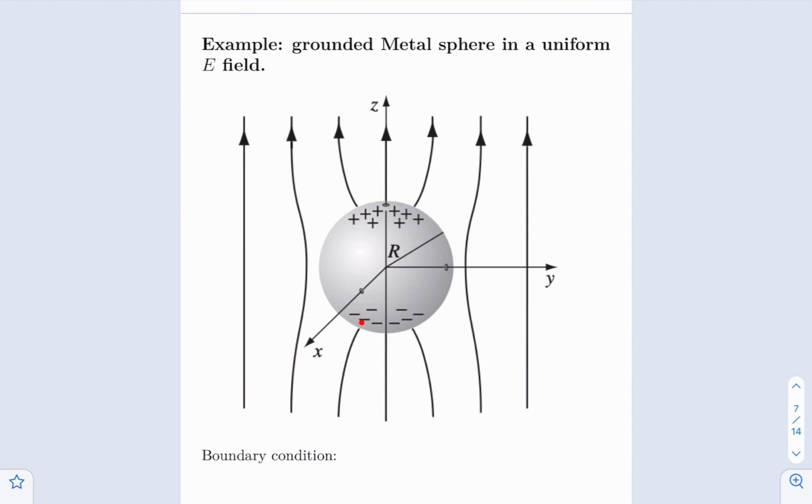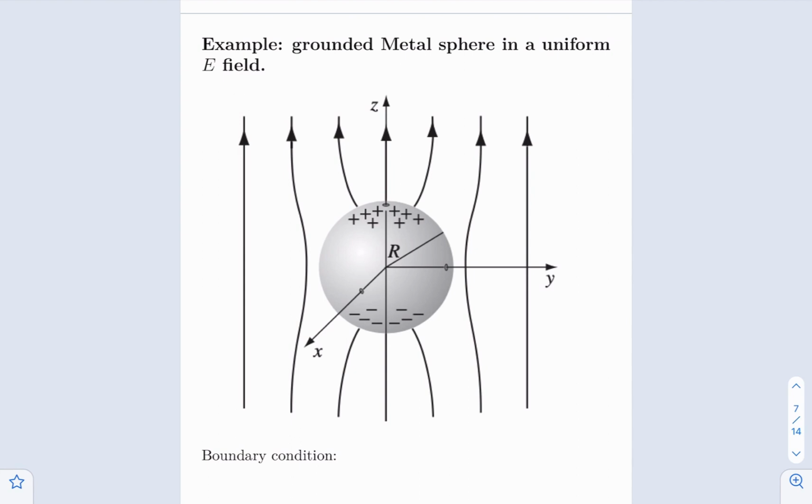the electrons in this conductor can move freely. So under the electric field, the charges will move, and there will be positive charge accumulating on the top.